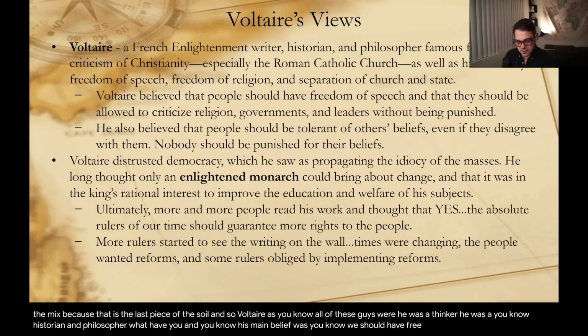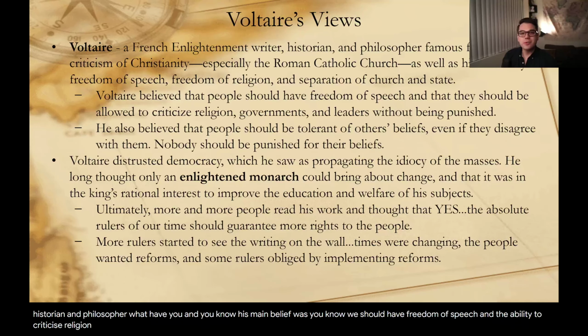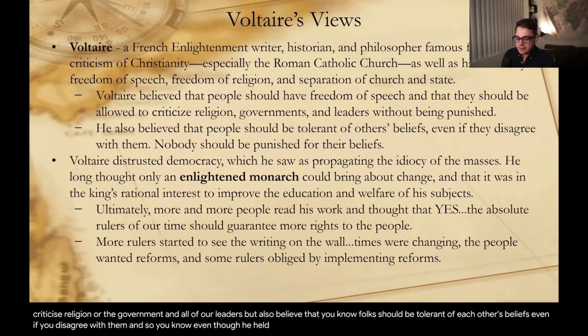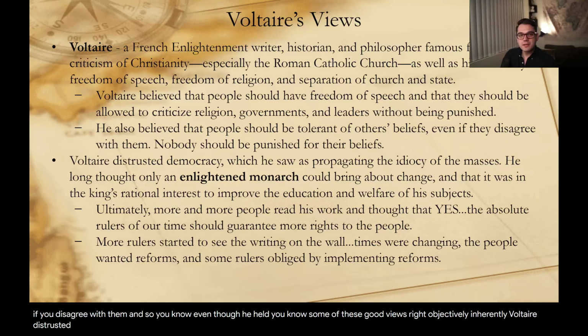we should have freedom of speech and the ability to criticize religion or the government and all of our leaders, but also believed that folks should be tolerant of each other's beliefs, even if you disagree with them. And so even though he held some of these good views, right, objectively, inherently Voltaire distrusted democracy, because he did not like the quote-unquote idiocy of the masses.